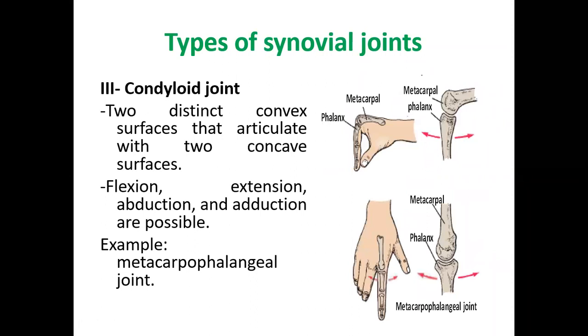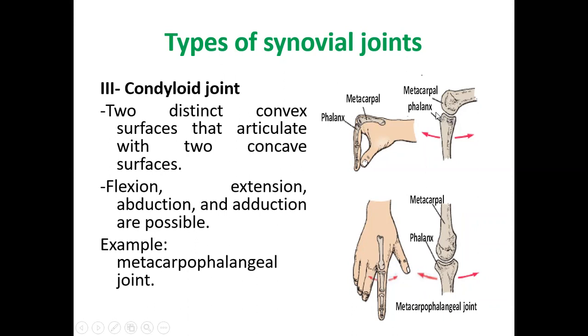The third type of joint is called the condyloid joint. Two distinct convex surfaces articulate with two concave surfaces. In this joint, there will be two parts of this bone which will be articulating with two parts on this bone.